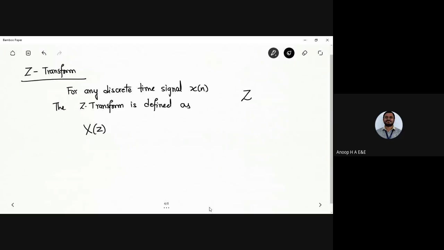How can you analyze it? The Z transform of x of n would be equal to x of z. I can represent the Z transform of the given discrete signal as x of z. It is represented as a summation, where the summation range will be from minus infinity to plus infinity, x of n, z power minus n.